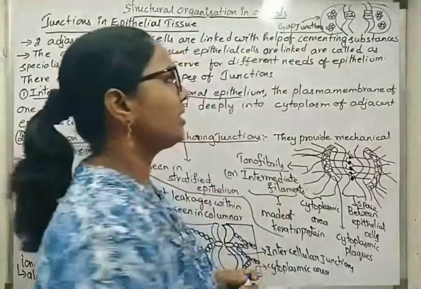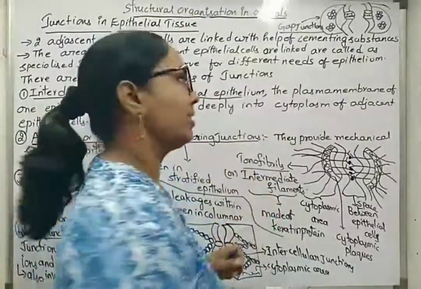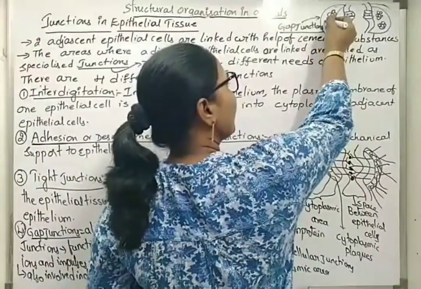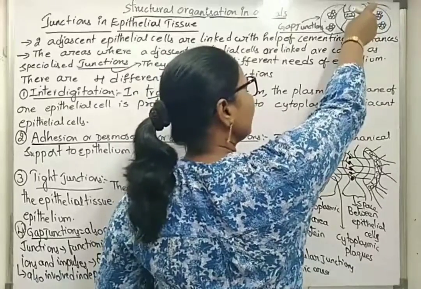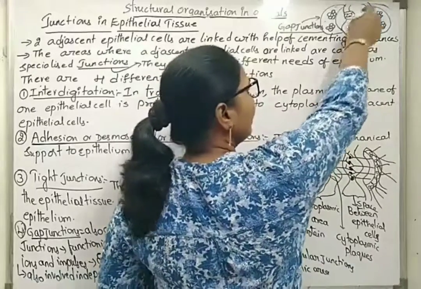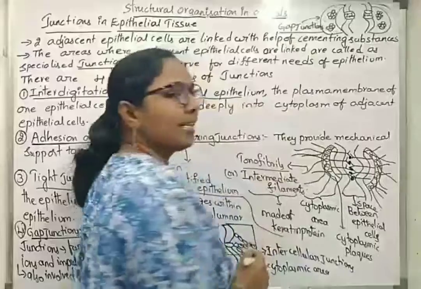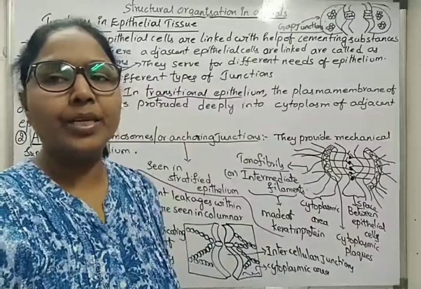The diagrammatic representation roughly will be like that. So this is the cytoplasmic area. This area is between adjacent cells, and here there will be some carrier channels or cytoplasmic channels.